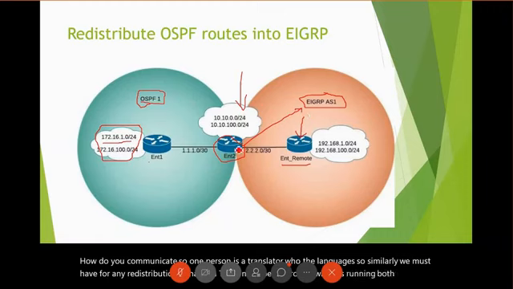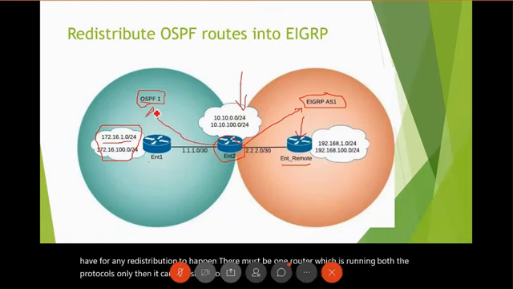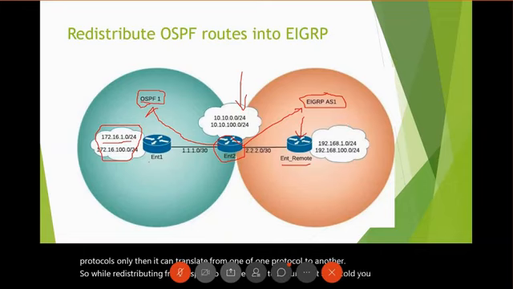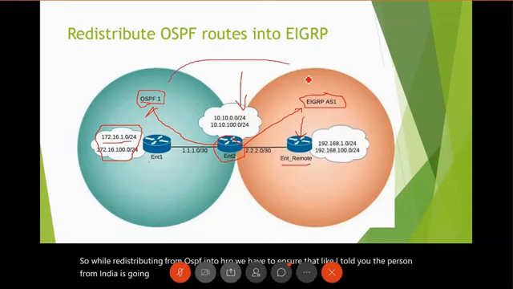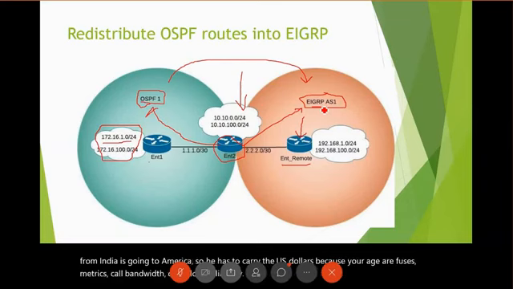Only then it can translate routes of one protocol to another. While redistributing from OSPF into EIGRP, we have to ensure that, like I told you, the person from India going to America has to carry US dollars, because EIGRP uses metrics called bandwidth, delay, load, reliability, MTU. So those are the parameters.